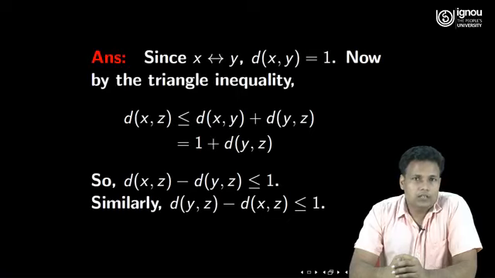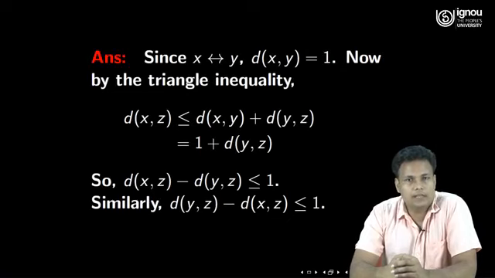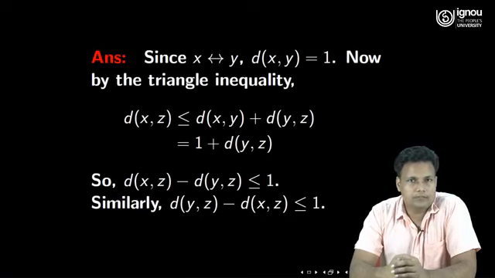Now by the triangle inequality, the distance between x and z is less than or equal to the distance between x and y plus the distance between y and z, which is equal to 1 plus dyz. So now if you take dyz to the left hand side, you will get dxz minus dyz is less than or equal to 1.